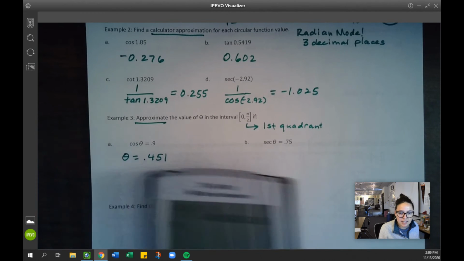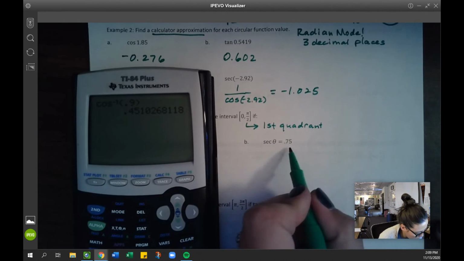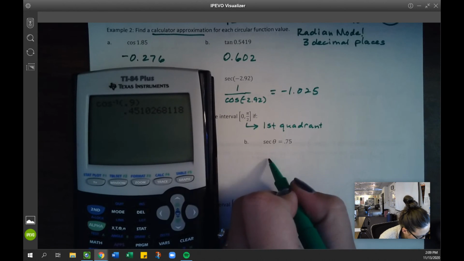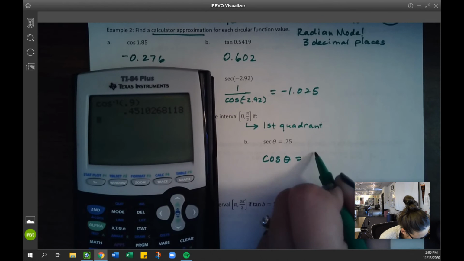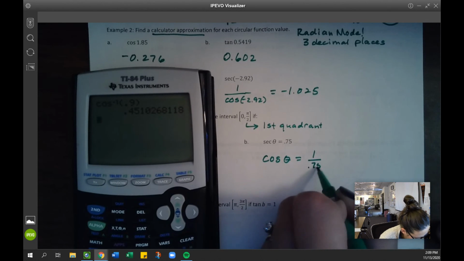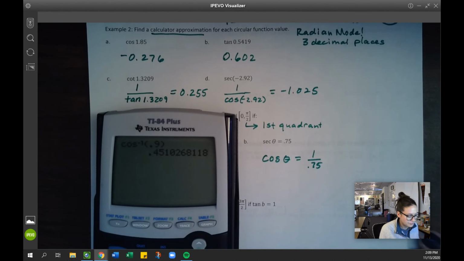All right, secant theta equals 0.75. Well, if secant theta equals 0.75, that means cosine theta equals 1 divided by 0.75. So I'm going to do the inverse cosine of 1 divided by 0.75, which gives me an error.